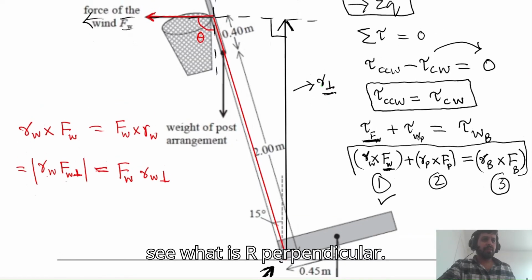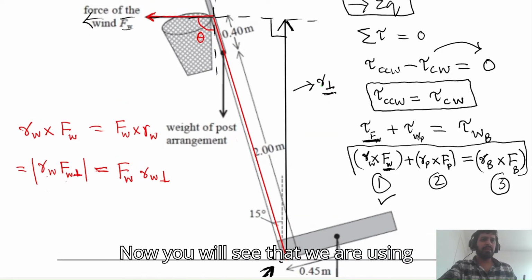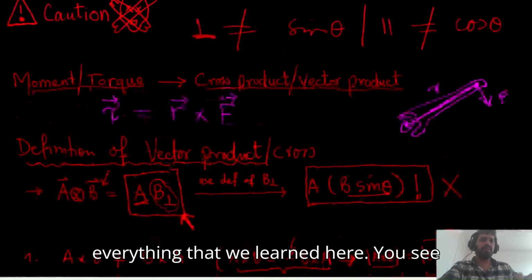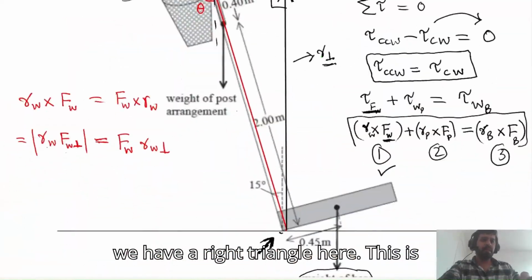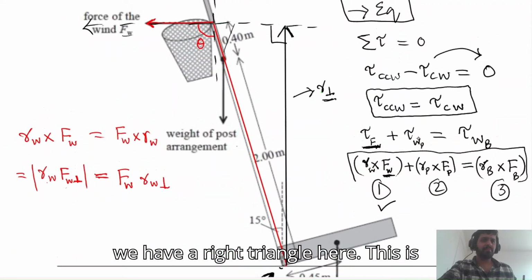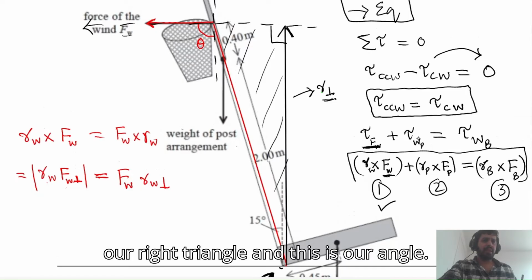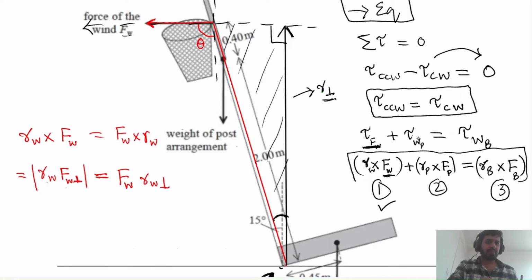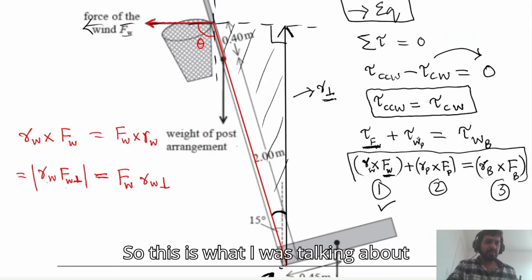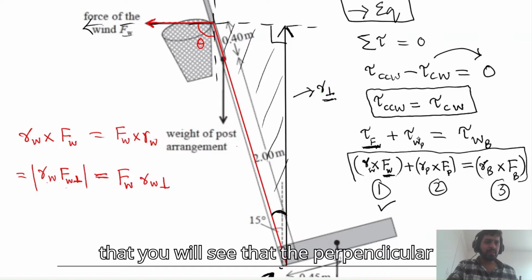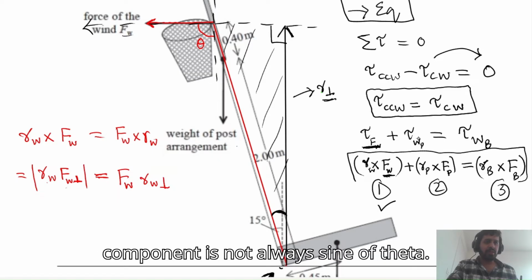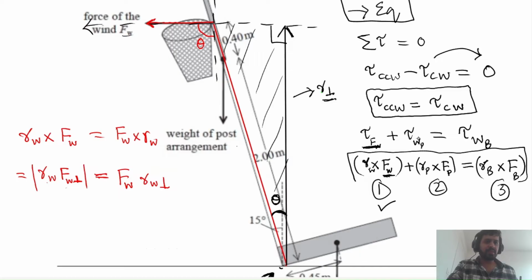Now let's see what is r perpendicular. Now you will see that we are using everything that we learned here. We have a right triangle here. This is our right triangle, and this is our angle. This is what I was talking about: the perpendicular component is not always sine of theta.